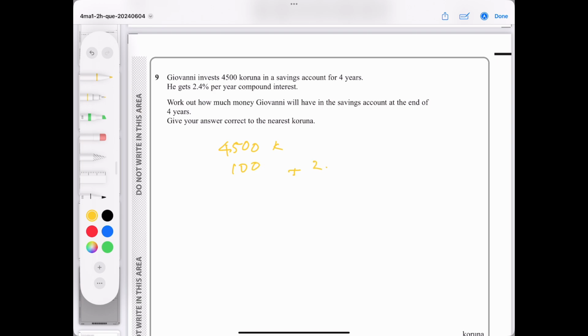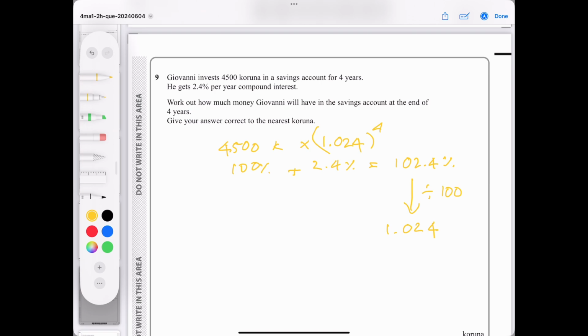Add 2.4% and you get 102.4%. Then divide by 100 and you'll get our multiplier, which is 1.024. So it's times 1.024, and it's for 4 years, so you do that 4 times.